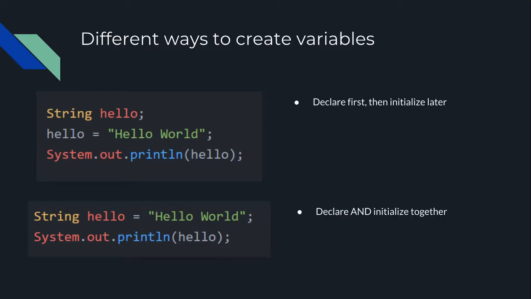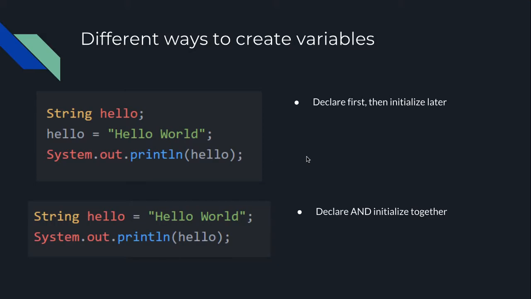There's also different ways to create variables. In Python, you always have to create your variable on one line of code, where x equals 10. You don't have to do that in Java because we have this whole idea of declaring and initializing. For this first example, we can just declare hello to be a string on one line, and on a different line, you can initialize hello to be hello world and just print it.